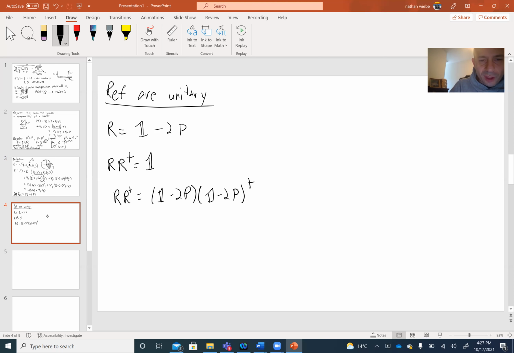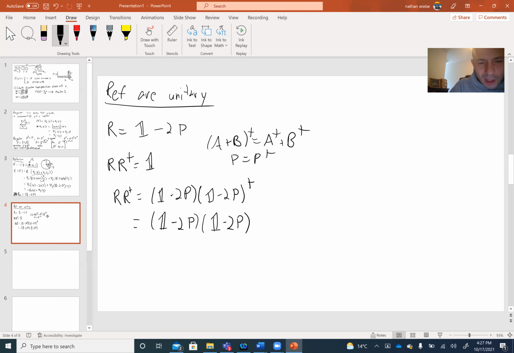Now, again, using the distributive property of the adjoint, that the adjoint of A plus B is equal to A adjoint plus B adjoint, and the fact that P equals P dagger, we end up getting that this is identity minus twice the projector times identity minus twice the projector.